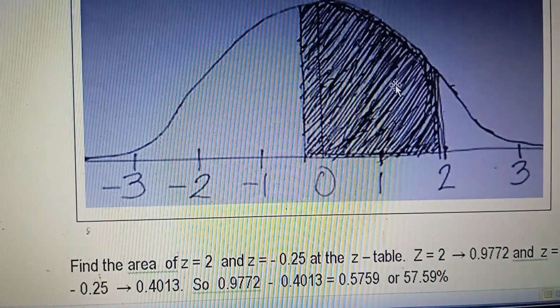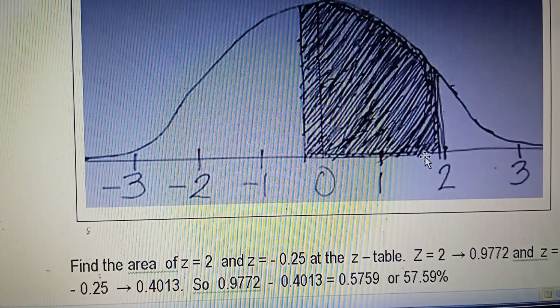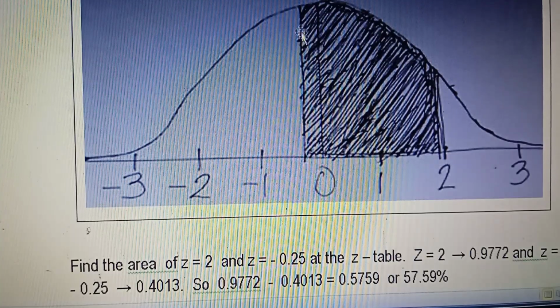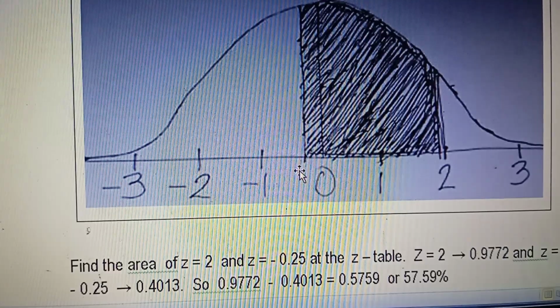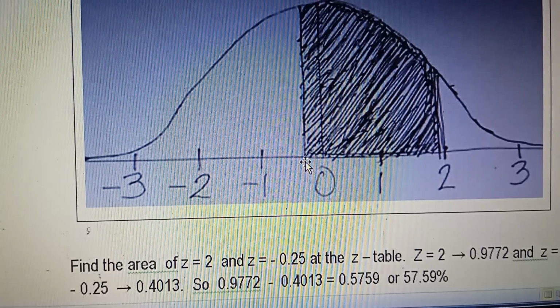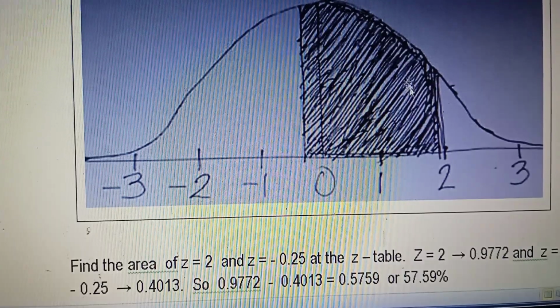So this area of z equals 2 is until here, but we are just going to find this area. So the area of z equals -0.25 should be subtracted from the total area of z equals 2. So that gives us this area between z equals -0.25 and z equals 2.